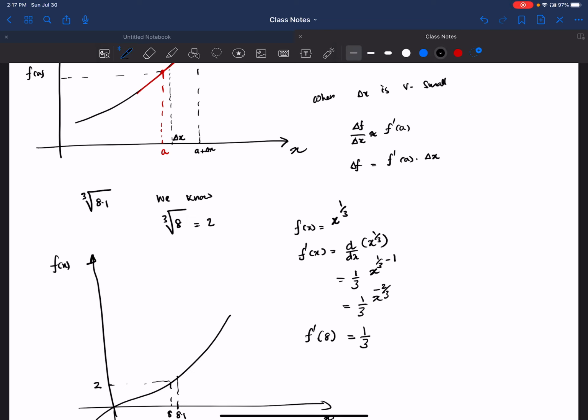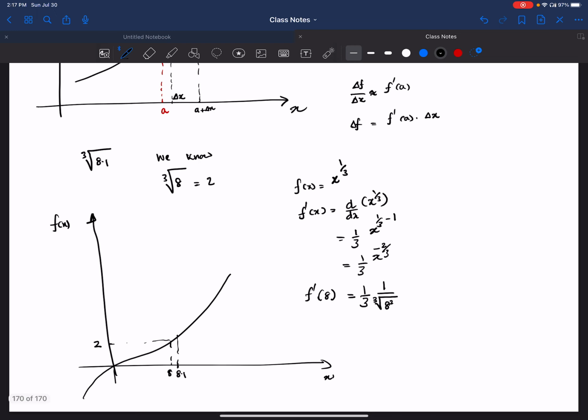This is 1 over 8 squared, the cubic root of that. That's f prime of 8.